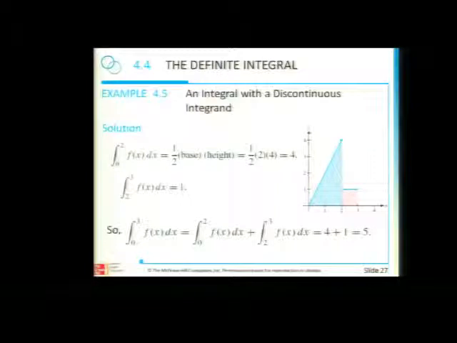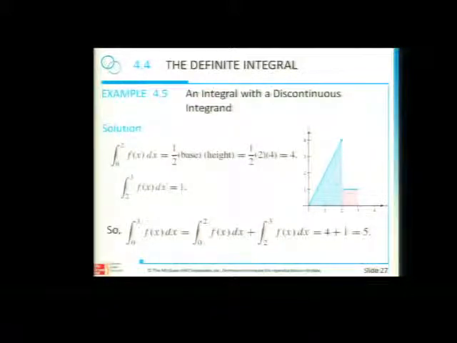The first integral is the area of the triangle, so it's half times 2 times the height, which is 4, we get 4. And the second integral is the area of this square, which is just 1 times 1, giving you 1. Therefore, when you integrate from 0 to 3, you just add them together, 4 plus 1, you get 5. Okay?